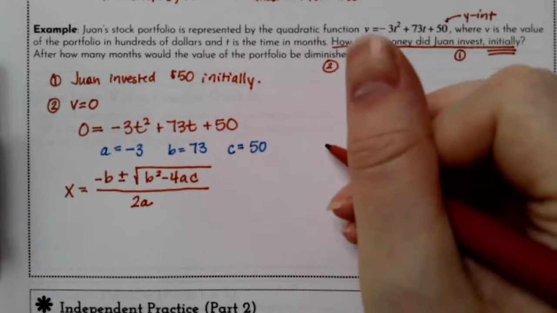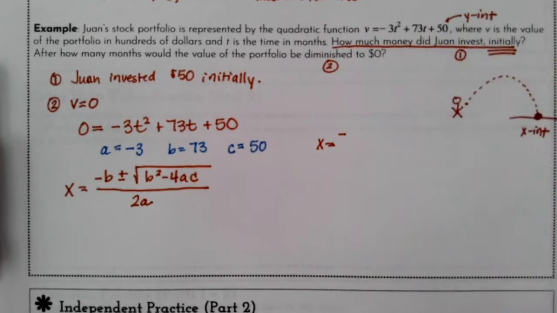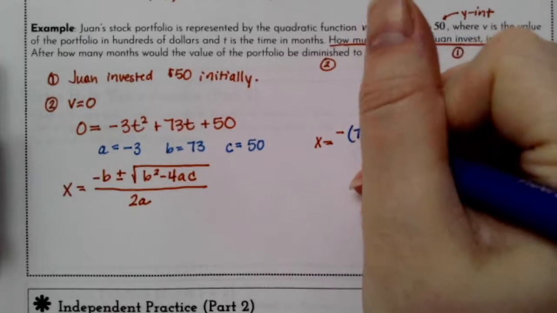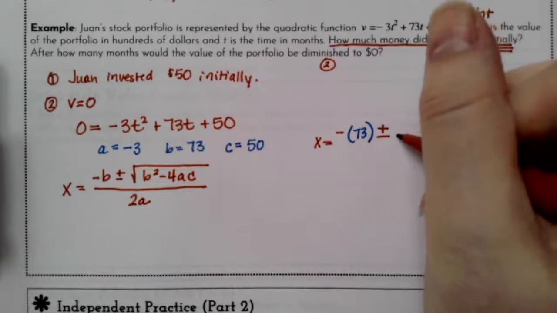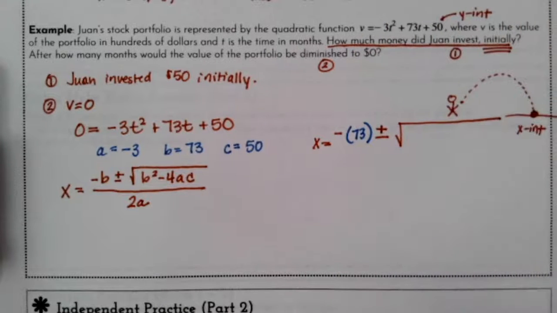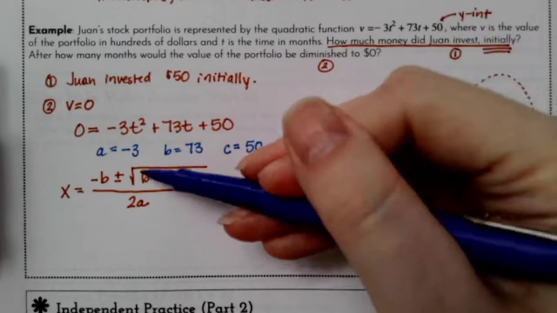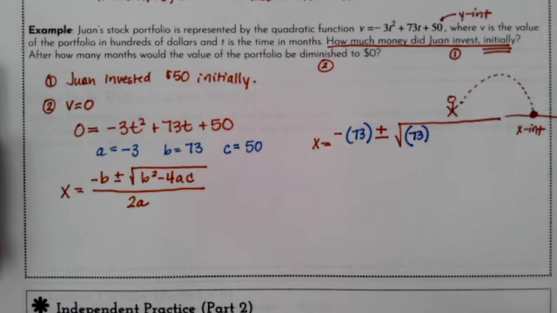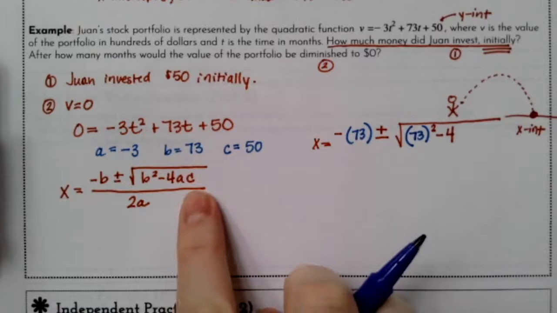So I'm going to plug everything in up here. x equals negative b, which is 73, plus or minus the square root of b, which is also 73, squared minus 4 times a times c.